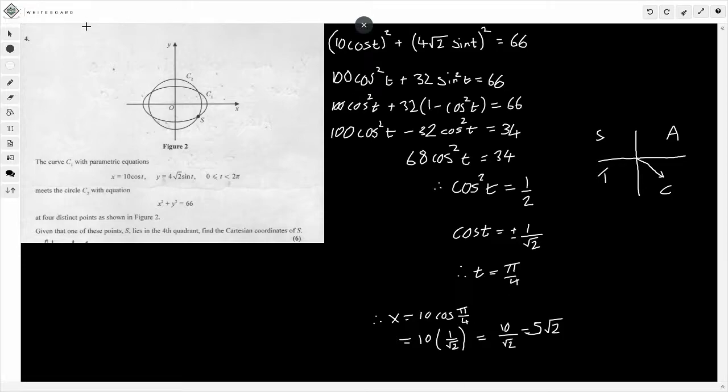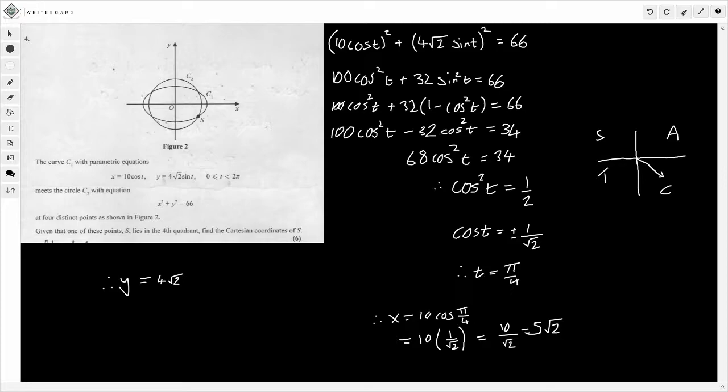And then finally for the y coordinate, just be very careful for the y one. So this is going to be 4 root 2 sine t. So that's sine pi over 4. But remember, sine will be negative in this quadrant, the fourth quadrant. Sine is negative, cos will be positive.